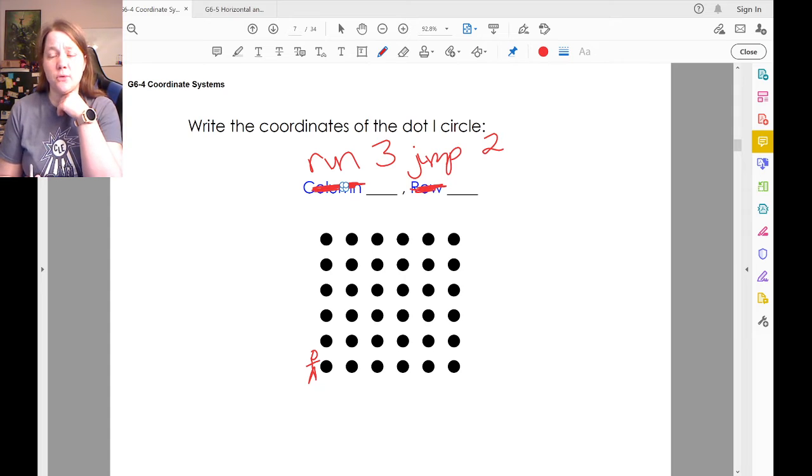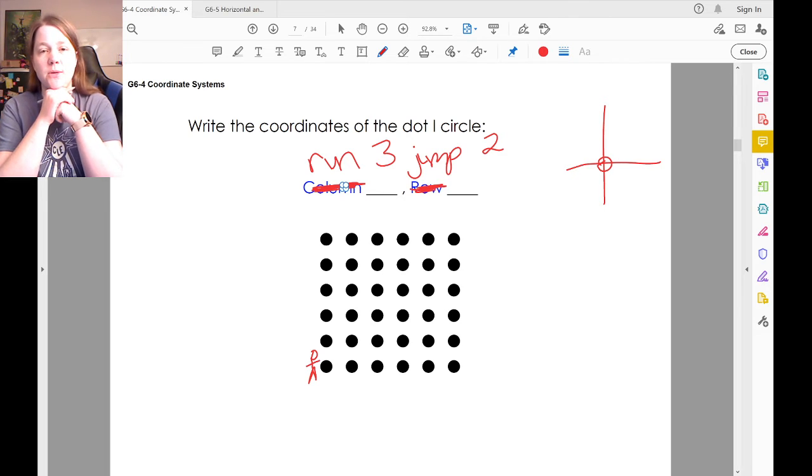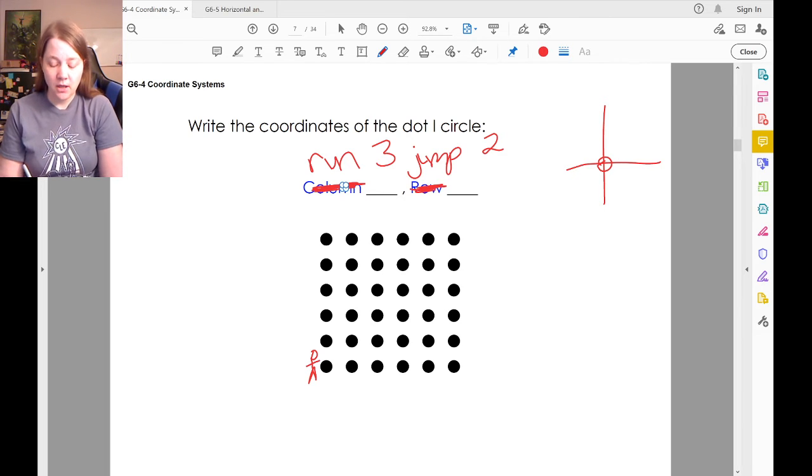Sometimes there's going to be different coordinates, and then you always start at something called the origin or the 0, 0. But you don't see where that is here, so we start at the bottom. And our character is going to run 1, 2, 3. Then we're going to jump 2. 1, 2. This is the spot that we were looking for.